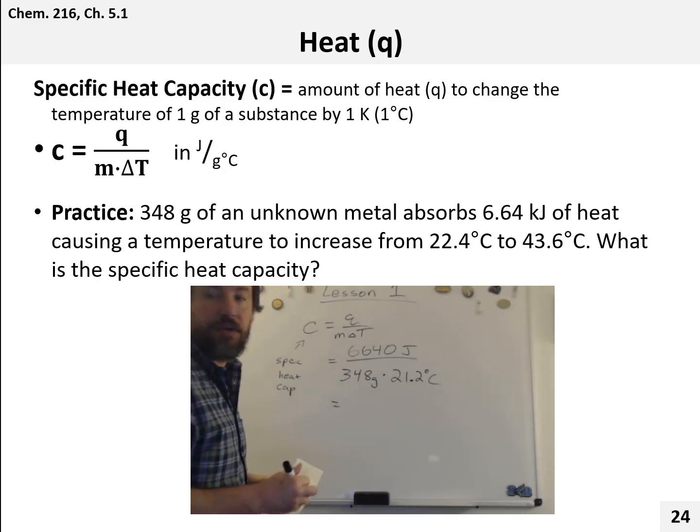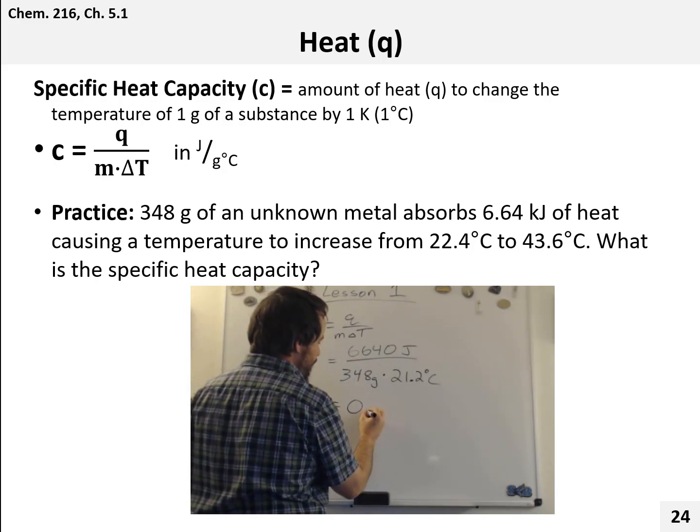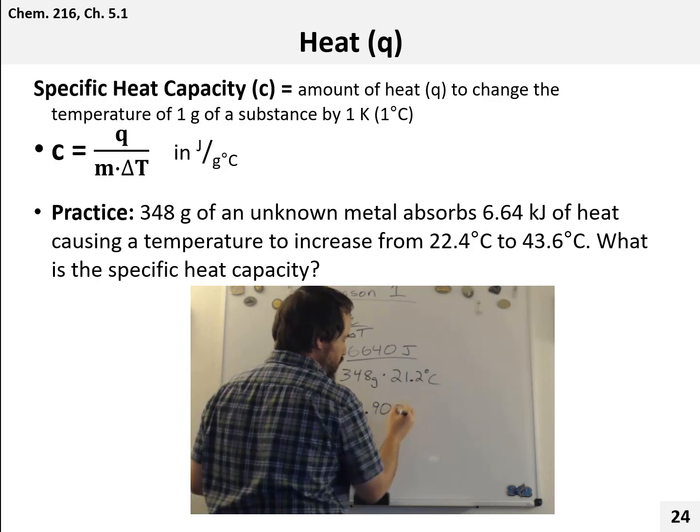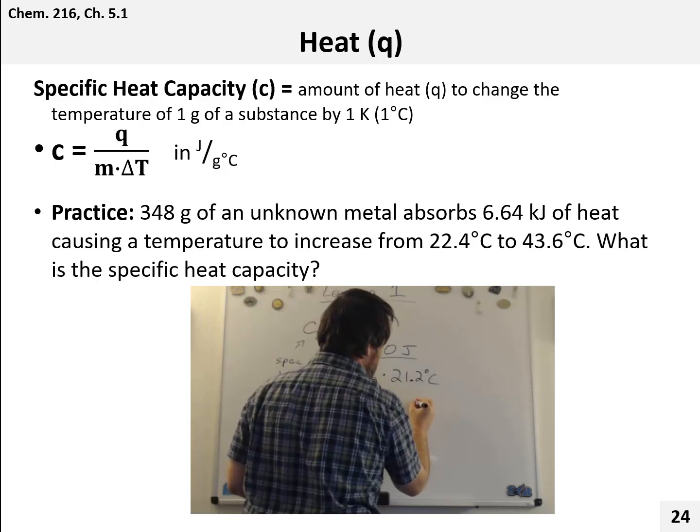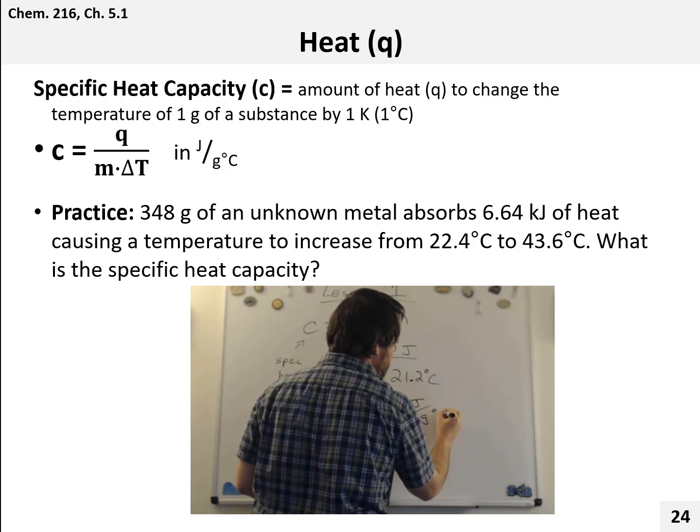Okay? So I do this and I get 0.900 joules per gram degrees C.